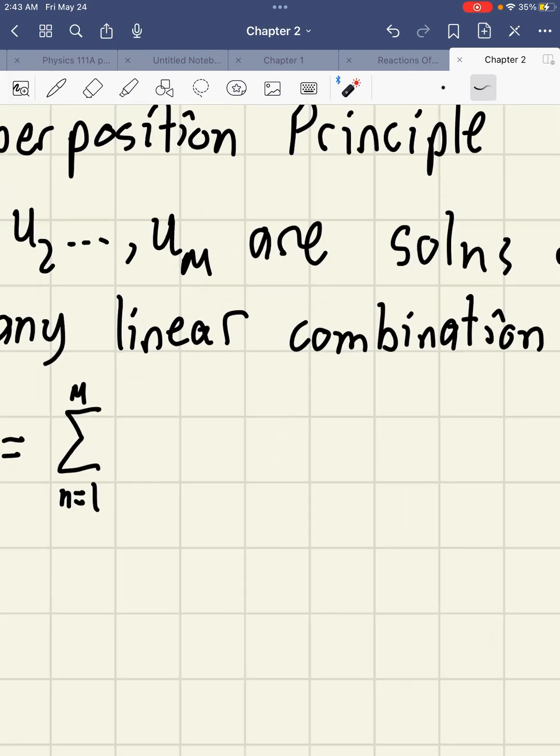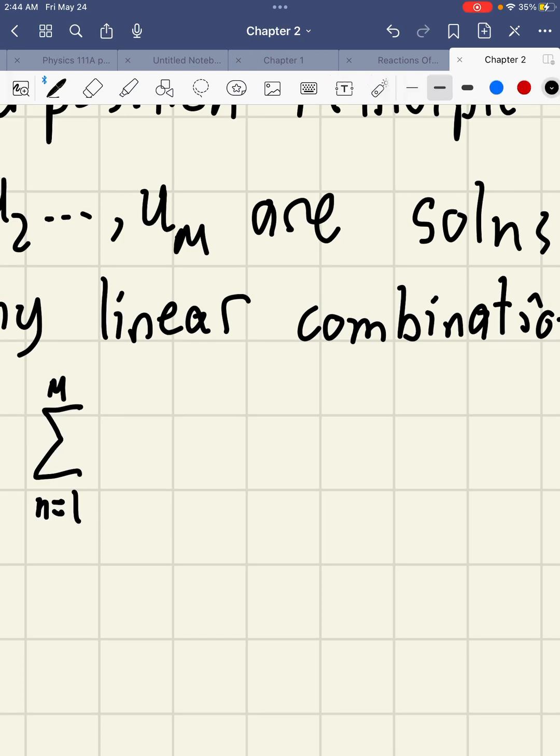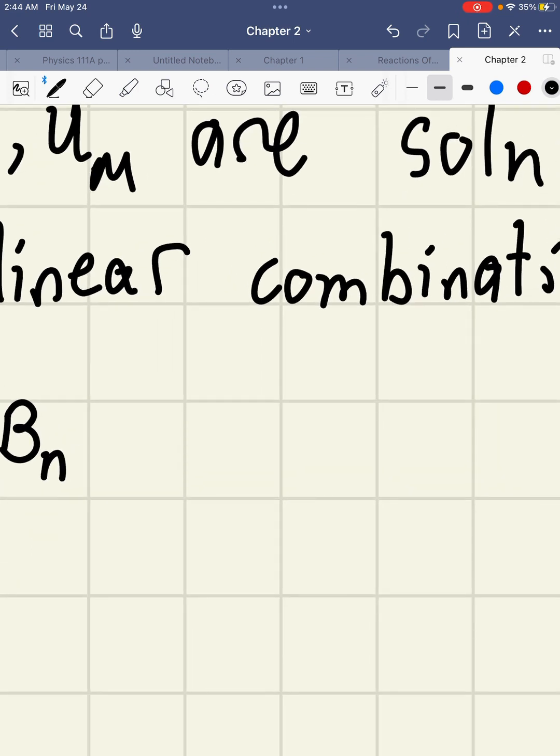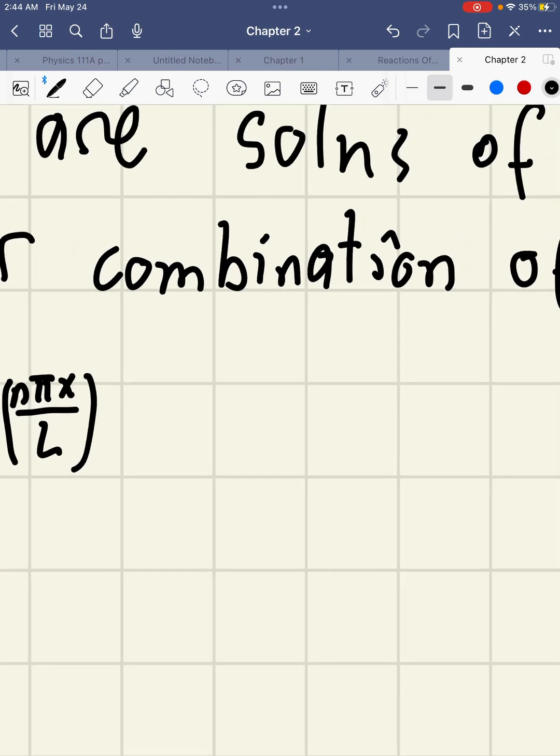I will call it b_n, because for each value of n they have a different constant, times sine of n pi x over L. That's my x dependent part, and my time dependent part.